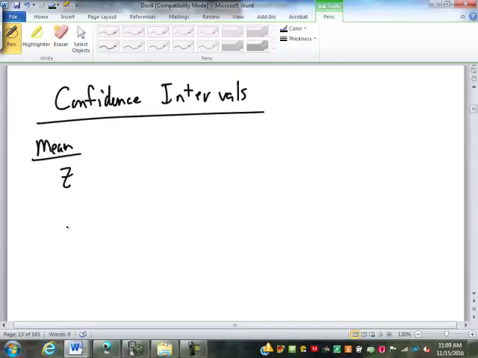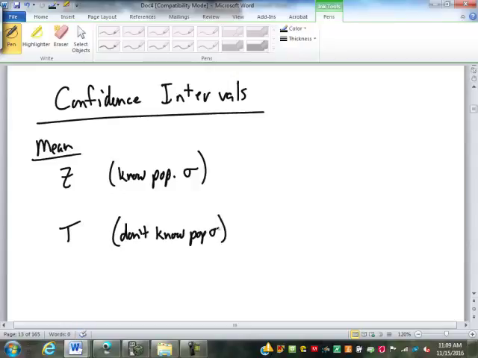We have Z interval and T interval. For a Z interval, we know the population standard deviation. For a T interval, we don't know the population standard deviation. So we end up using the sample standard deviation, and then of course we have to use the T interval.